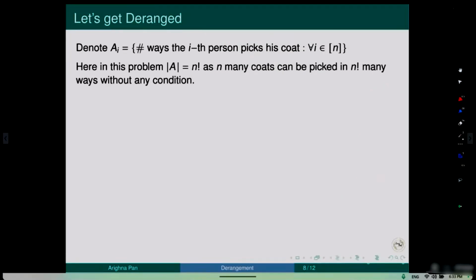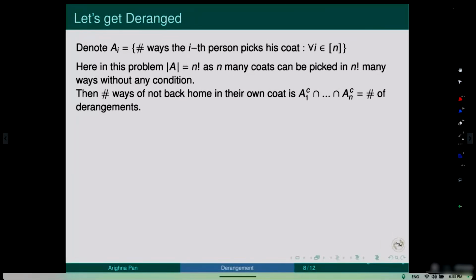Previously, I said that A is just all the ways that n codes get picked, and that should be done in n factorial many ways, right? And also we have said that they are not coming back to their own code. That is the complement of at least one of them getting his own code.